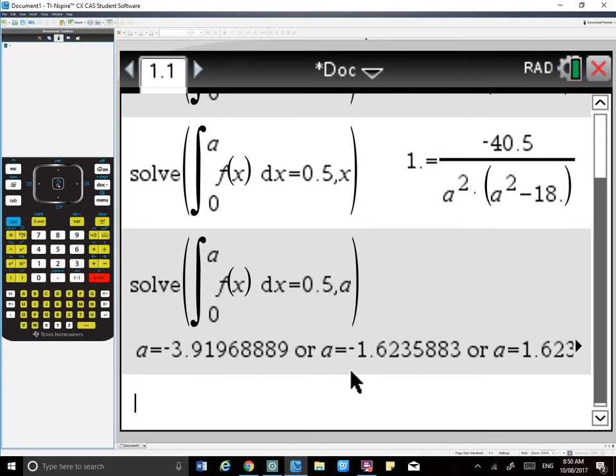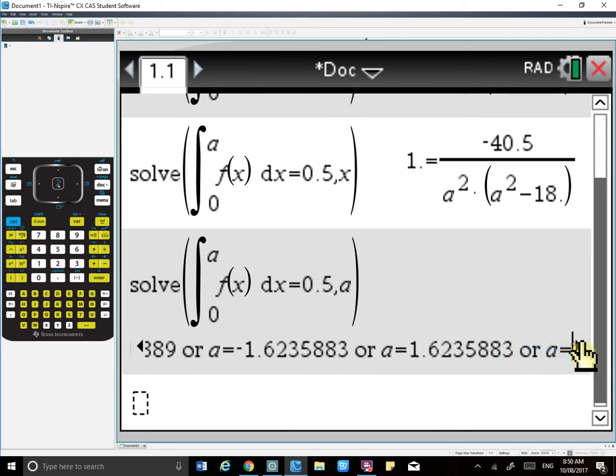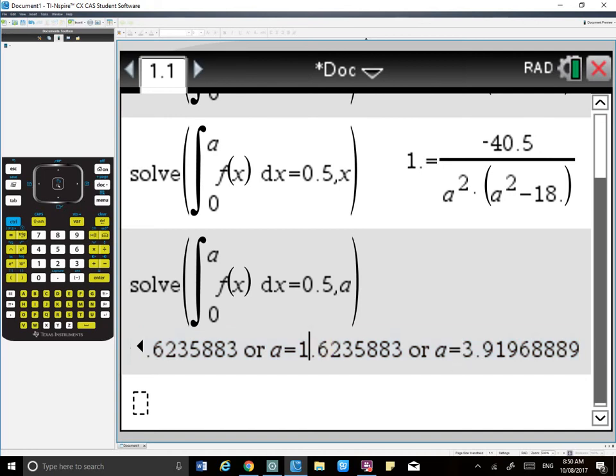Okay, so we have 3 values here: negative 3.9, negative 1.6, and 1.6 and 3.9. So I'll only take that one, that one is within the domain. So we have 1.6236.